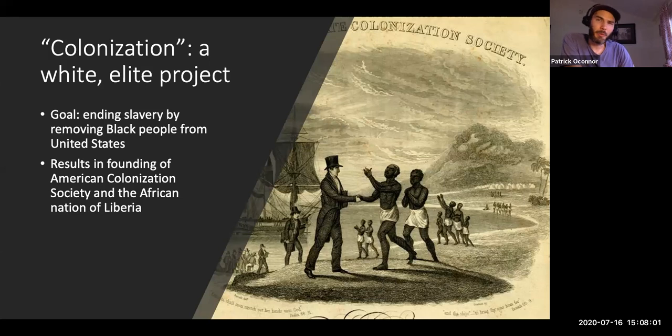Colonization sort of masqueraded as a humanitarian principle. Colonizationists thought of themselves as trying to save the formerly enslaved population, as well as save the United States from social and political turmoil that would come from having a multiracial political community. Obviously, it wasn't that, though, right? It was fundamentally grounded in racist ideas.